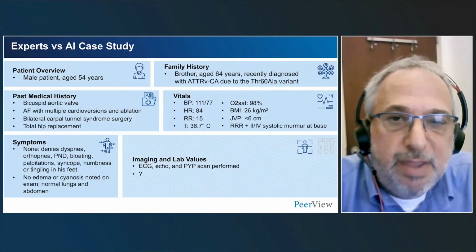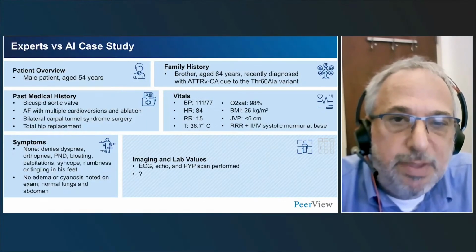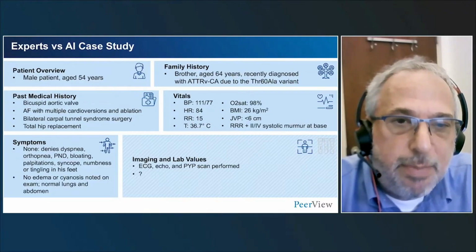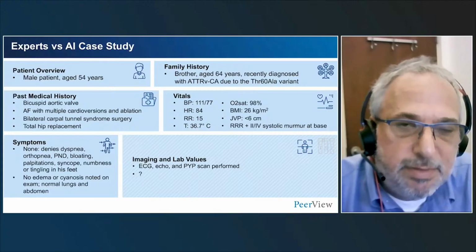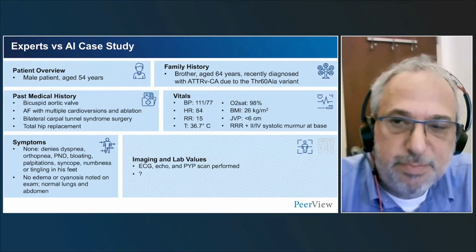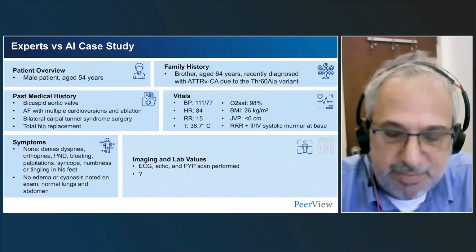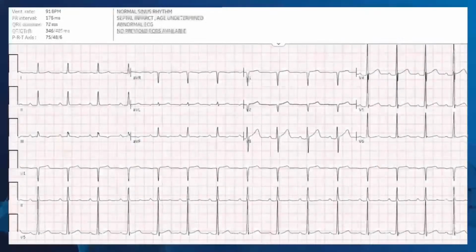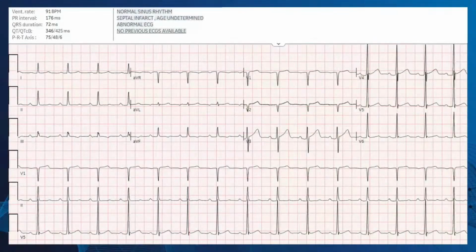So we've uploaded the patient's ECG, echo, and PYP scan, and we will ask the chatbot to interpret these results. But let's take a look ourselves at those particular images before we see what the chatbot says. So this patient had the following EKG. You can see they're in sinus rhythm. There's really not definitive evidence of low voltage.